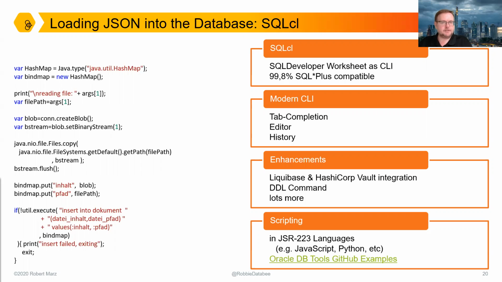And this is an example of a JavaScript that runs directly in SQLcl and loads a binary blob into the database. So only a couple of lines, and then you can load, using an Oracle client tool, blobs that reside on your client computer into the database.